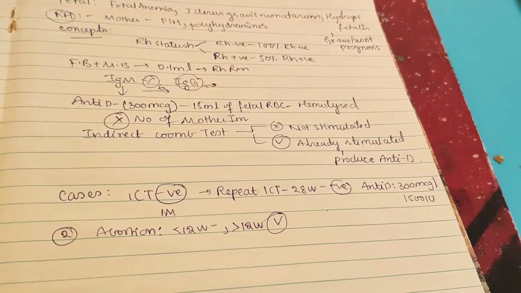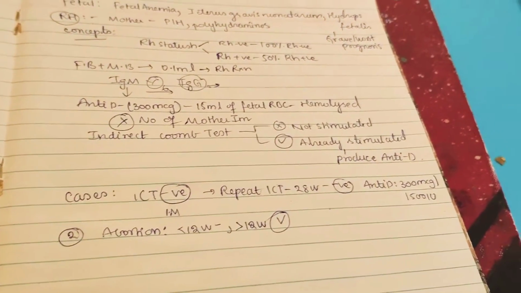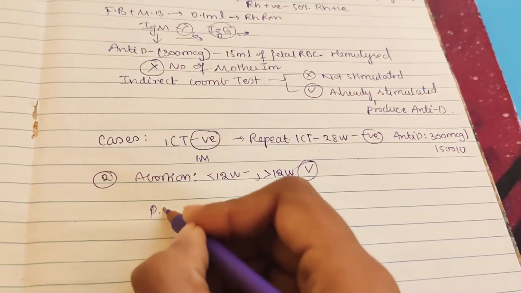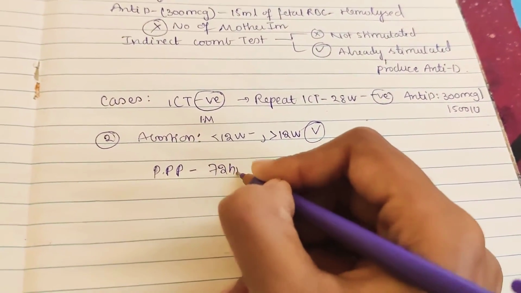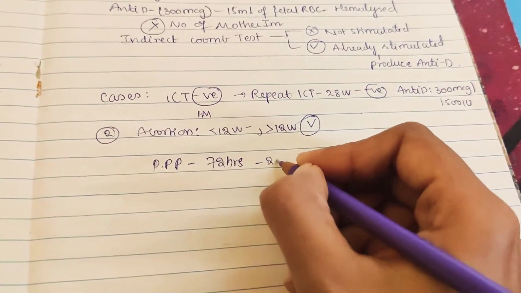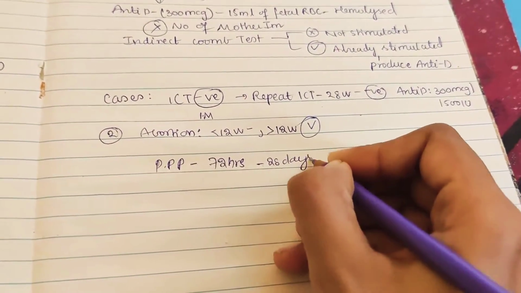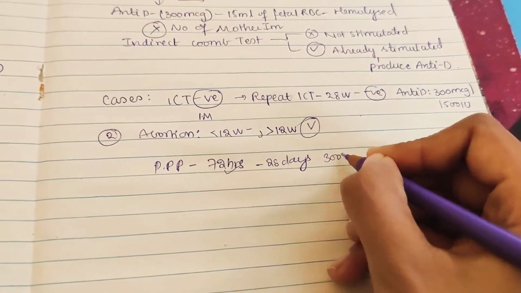Anti-D is given as prophylaxis for next pregnancy in this case. And postpartum prophylaxis is within 72 hours of delivery. Within 72 hours of delivery we can give, or you can wait up to 28 days, but within 72 hours will be best. Here also you give 300 micrograms.